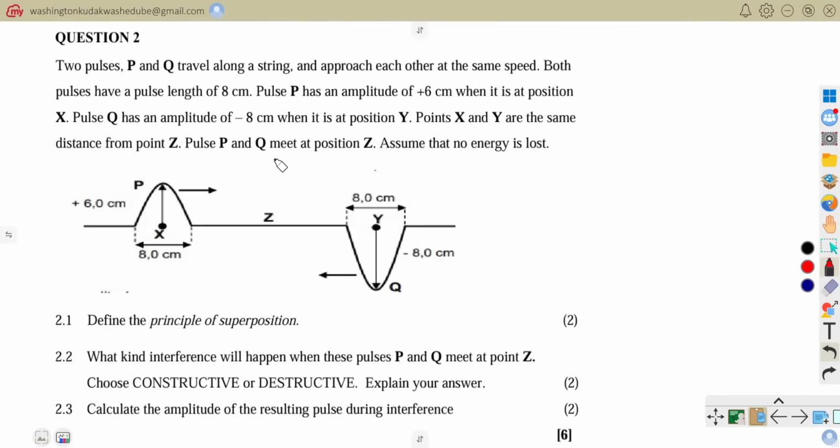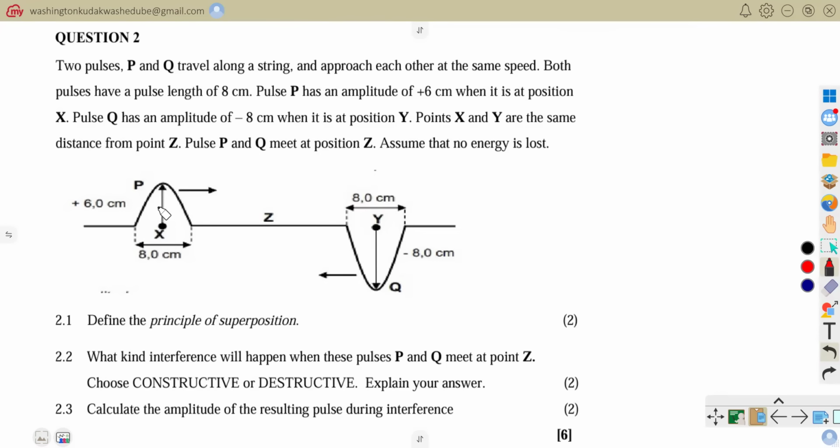Question number 2 says two pulses P and Q travel along a string and approach each other at the same speed. Both pulses have pulse length 8 centimeters. Pulse P has an amplitude of 6 centimeters, and this is pulse P. They have got the same length, 8 centimeters.